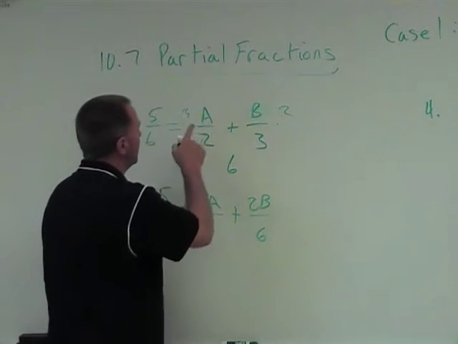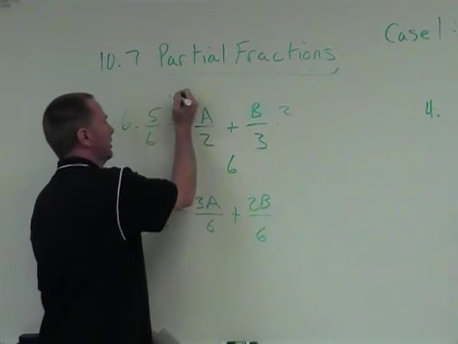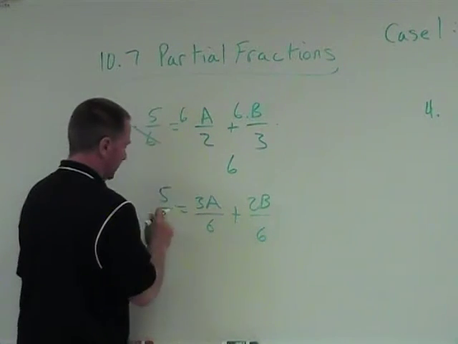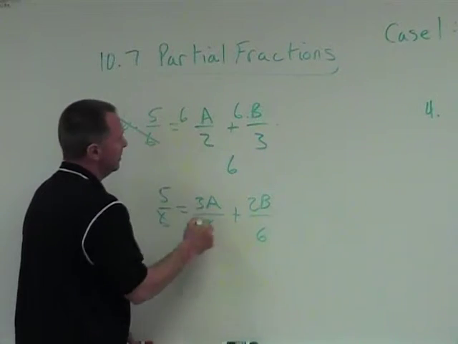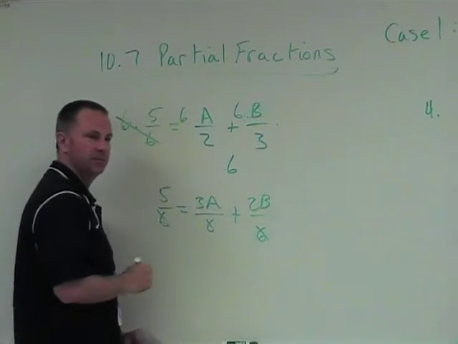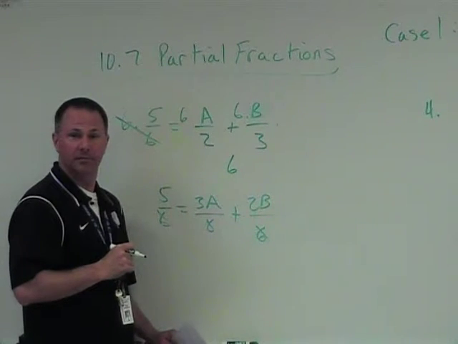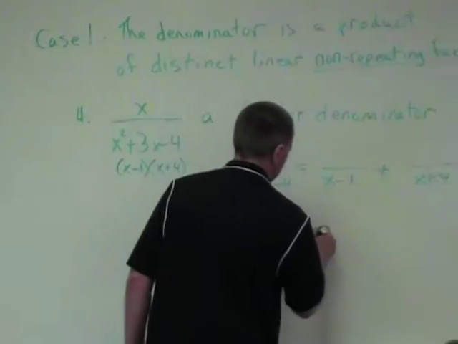Okay, so if I would have multiplied by the common denominator up here to start with, let's just do that. That goes away, leaving just the 5. This becomes 3a. This becomes 2b, doesn't it? So why not just multiply everything by the common denominator to start with? That's step B. Multiply by the common denominator.